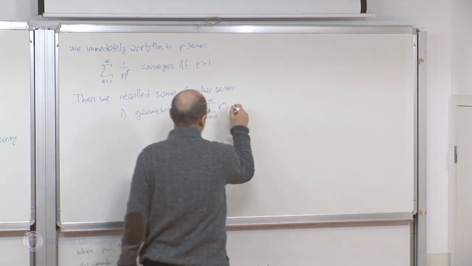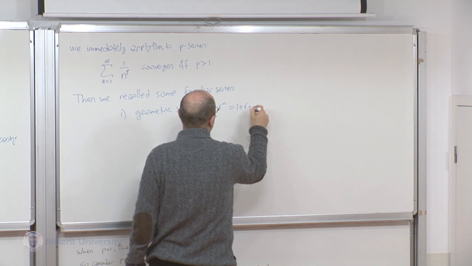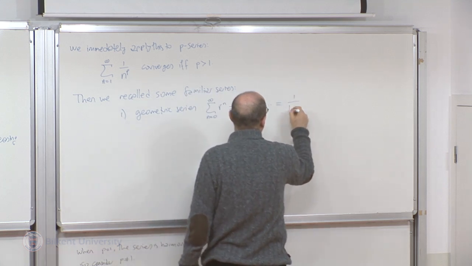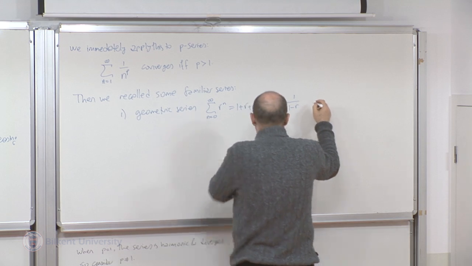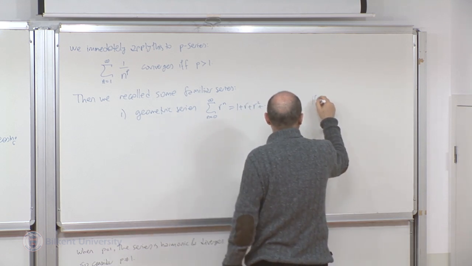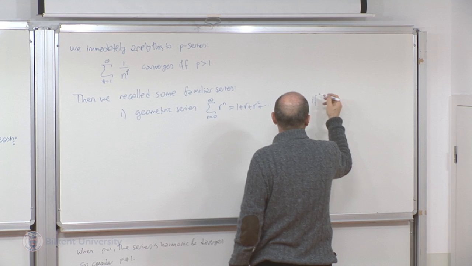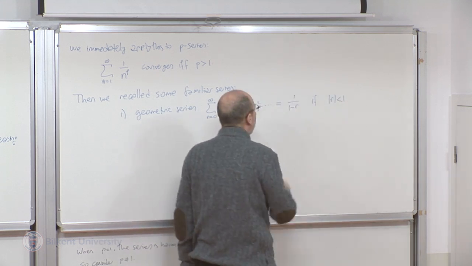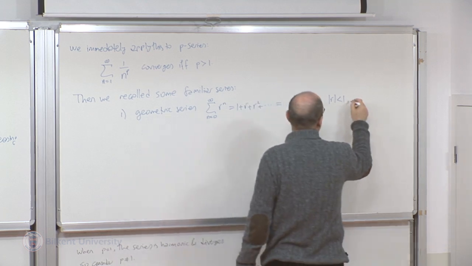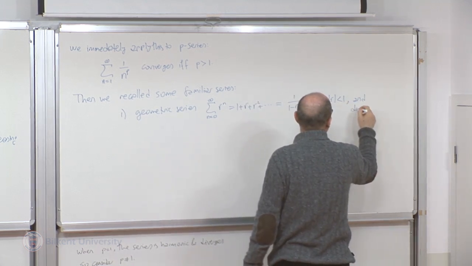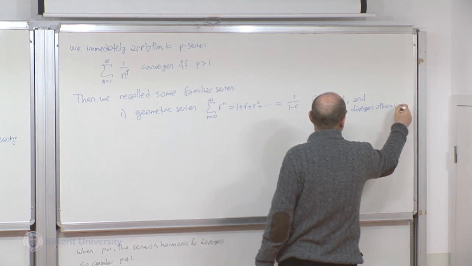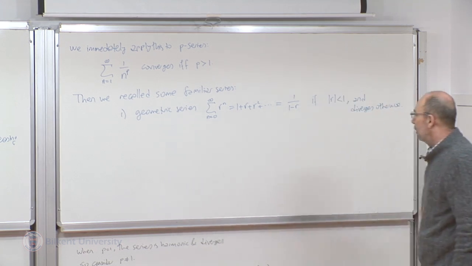Okay, so this starts with 1 plus r plus r squared. This is equal to 1 over 1 minus r if the absolute value of r is strictly less than 1, and diverges otherwise.